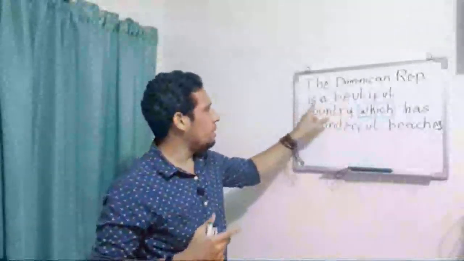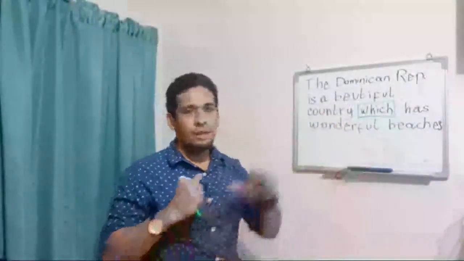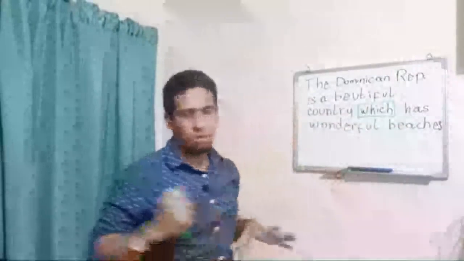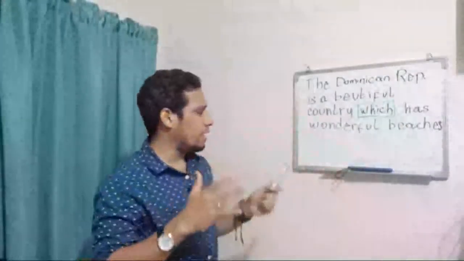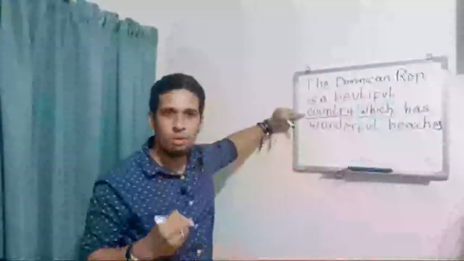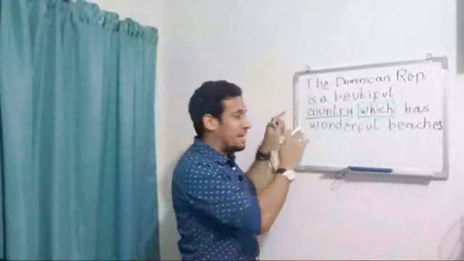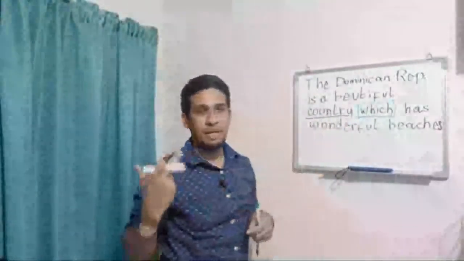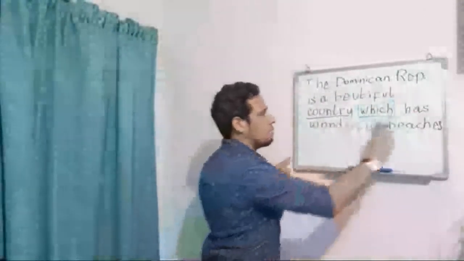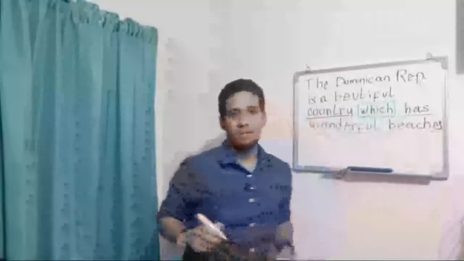So, the Dominican Republic is a beautiful country which has wonderful beaches. Si usted tiene una oración como esta, ¿verdad? Usted lo que está haciendo es que está utilizando esto, que es lo que conocemos como noun, right? So, this noun is being defined by this relative clause.